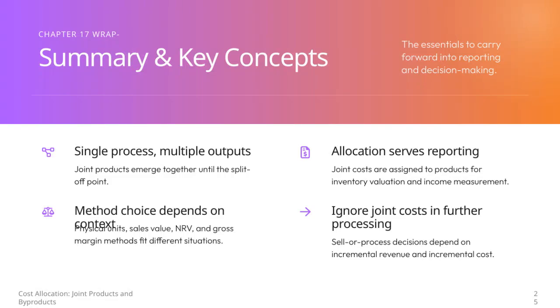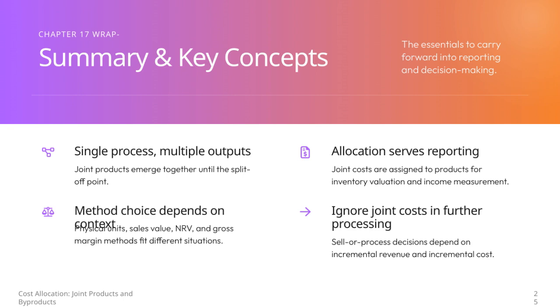To wrap up Chapter 17, let's focus on the essential points you need for reporting and decision-making. Joint products are created together up to the split-off point, meaning there's a single process with multiple outputs. When it comes to assigning costs, allocation is primarily for reporting purposes, helping us value inventory and measure income accurately.